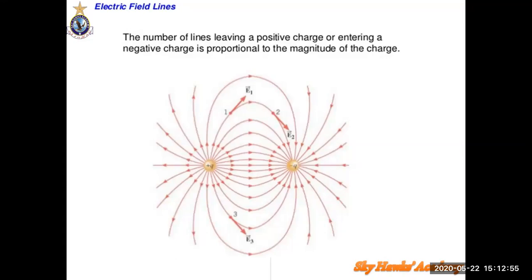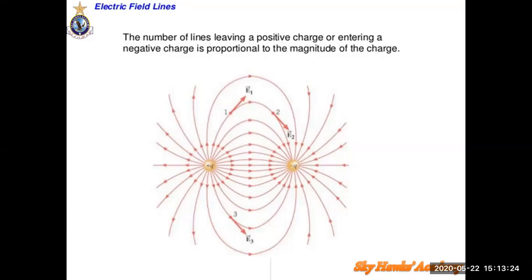The number of lines leaving a positive charge or entering a negative charge is proportional to the magnitude of the charge. So the greater the magnitude of the charge body, the larger the number of electric field lines that will be generated. Similarly, if we have a greater negative charge, it will accumulate more electric field lines.